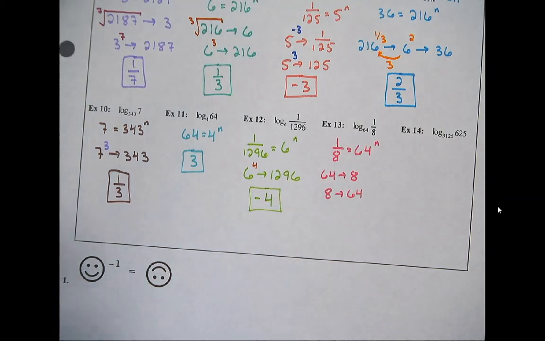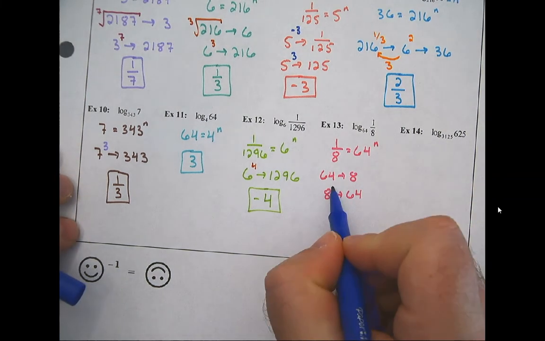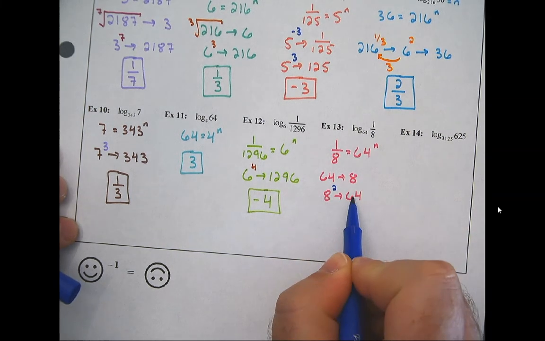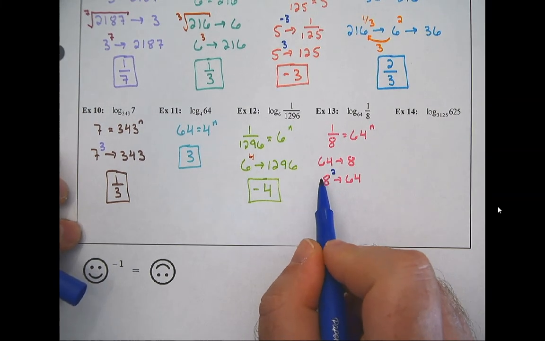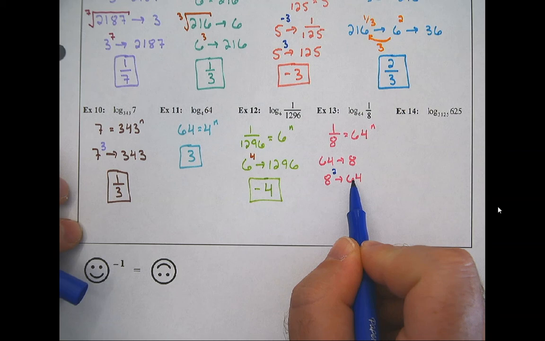All right, so 64 to the second ends up being, let me try again. 8 to the second is the same as 64.